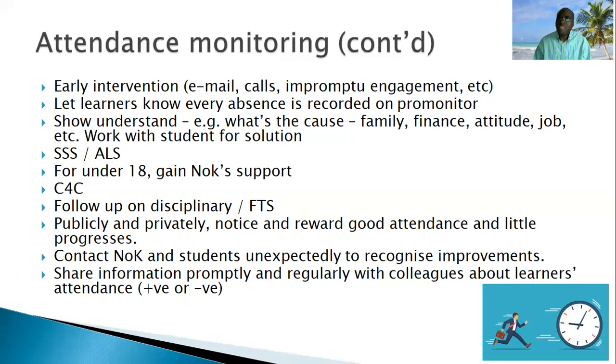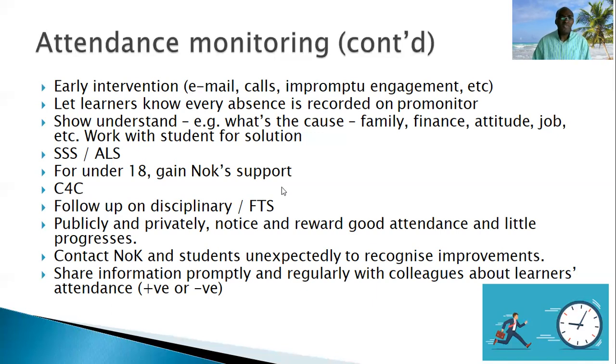And whenever a student has come on disciplinary procedure for poor attendance, it's important for us to follow up. Some of the C4C may also lead to fitness to study if the poor attendance is due to health. Fitness to study, and that's what I mean by FTS here.